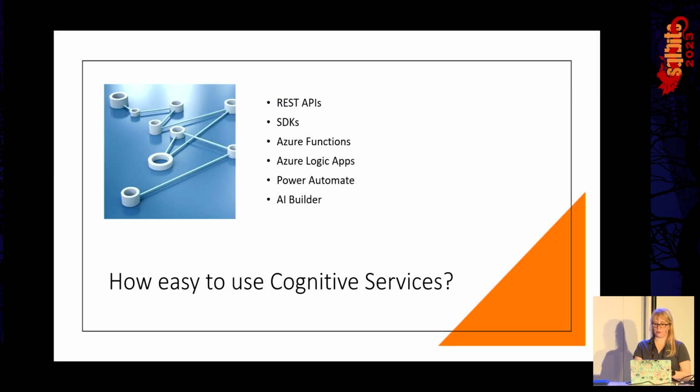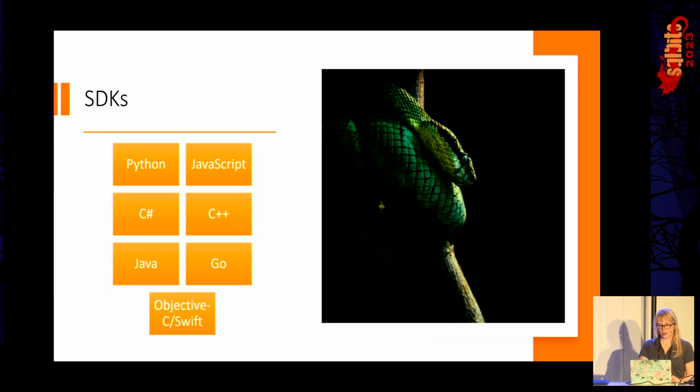And using cognitive services is very easy. You just need the key and endpoint, and then you can use it with any application you would like to: REST API, SDK, AI Builder, Power Automate, etc. And with SDKs, as I mentioned, there are a lot of languages that you can easily use, and you don't need to create all the code to understand what's coming from the vision.